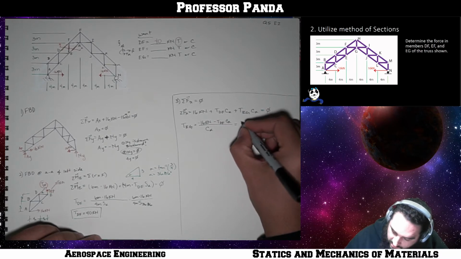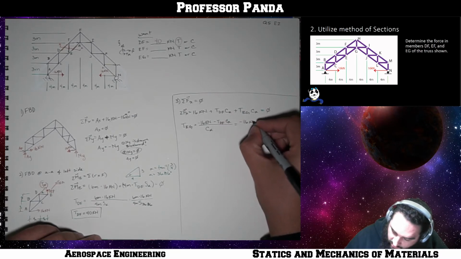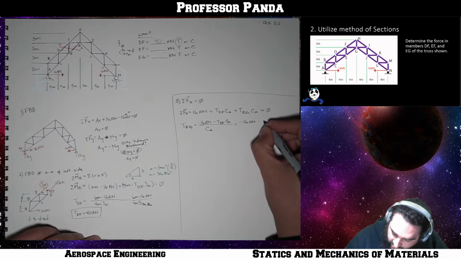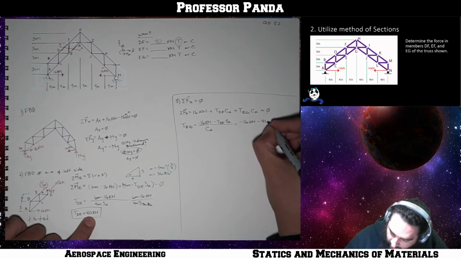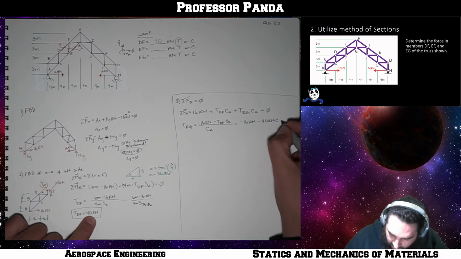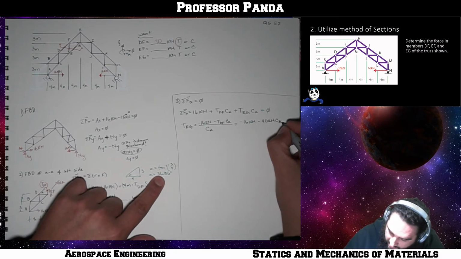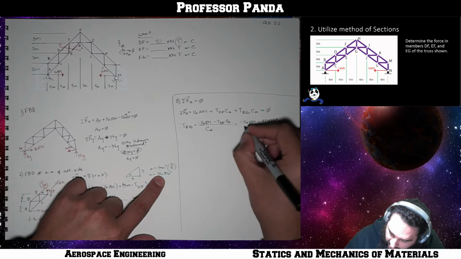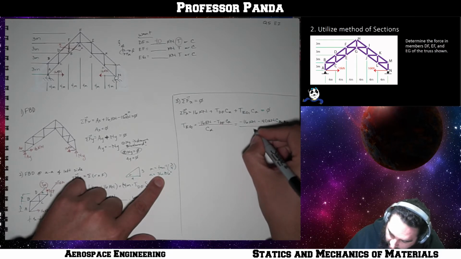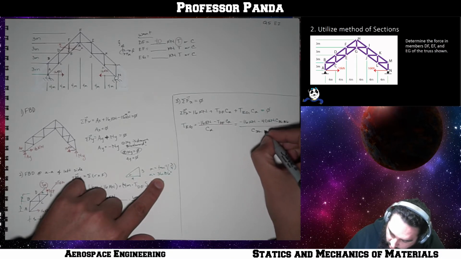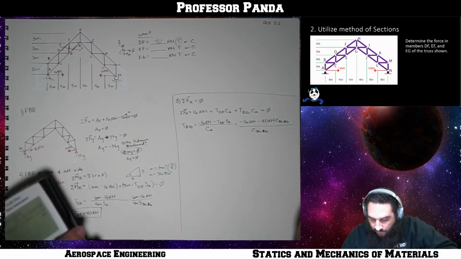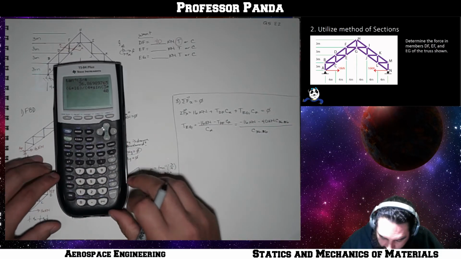Okay, let's put some numbers into these variables. It'll be negative 16 kilonewtons minus 40 kilonewtons cosine of 36.86, divide that by cosine of 36.86. All right, let's plug and chug.